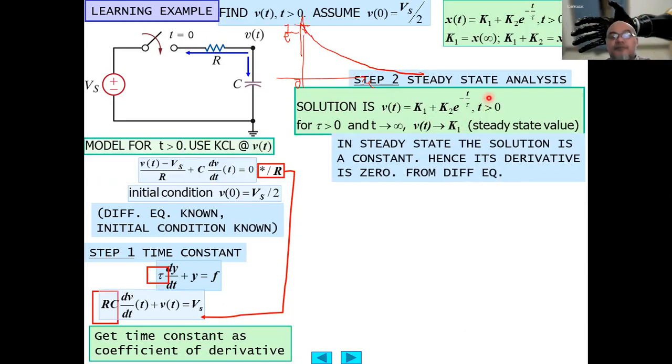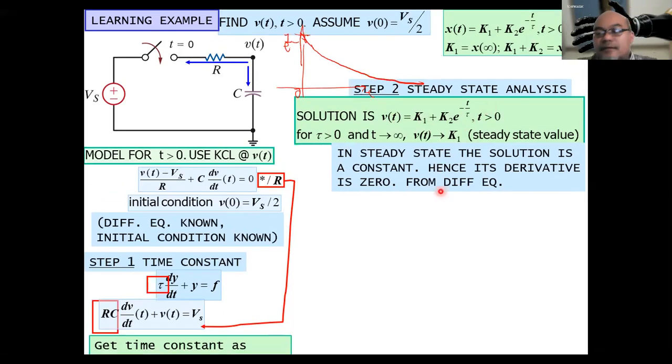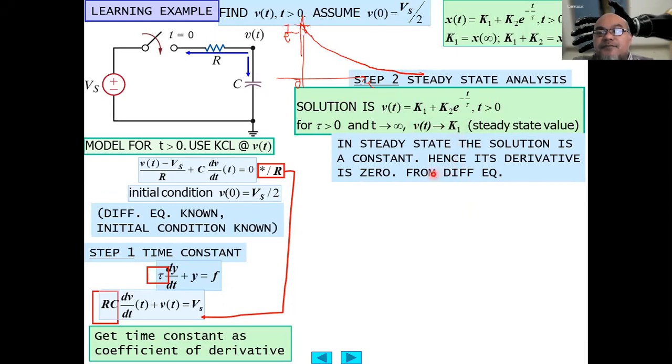This will be the steady state value. In steady state, the solution is a constant, k1. That is why the derivative is zero from the differential equation.